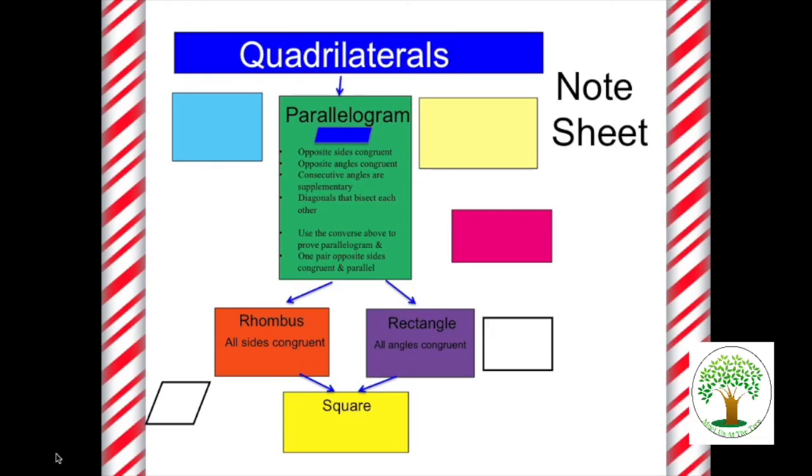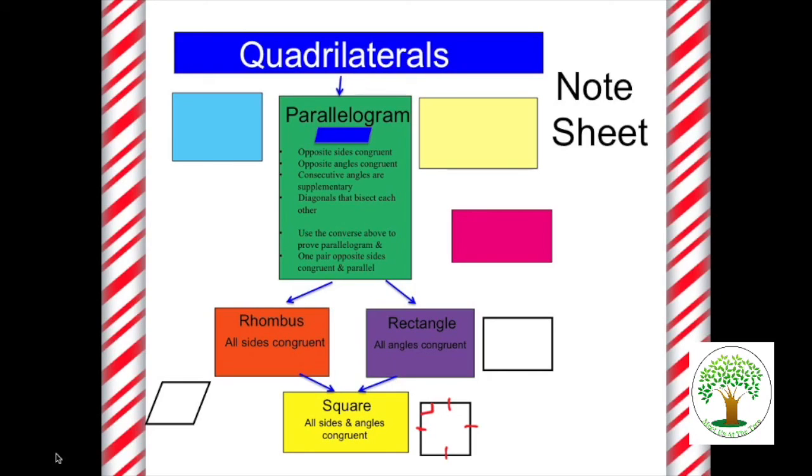A square combines both a rhombus and a rectangle, so it'll have all sides and angles congruent. I'm going to put 90 degrees just to make it easier down there. You're going to have at least a formula in there next for the square, so make sure that you keep room for it.